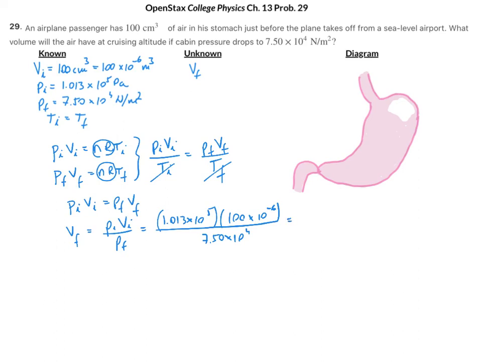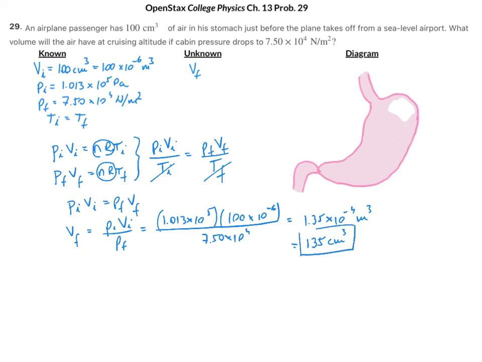And when we plug the numbers into our calculator, we end up with 1.35 times 10 to the negative 4th cubic meters, and we can convert that back into centimeters cubed and end up with 135 cubic centimeters.